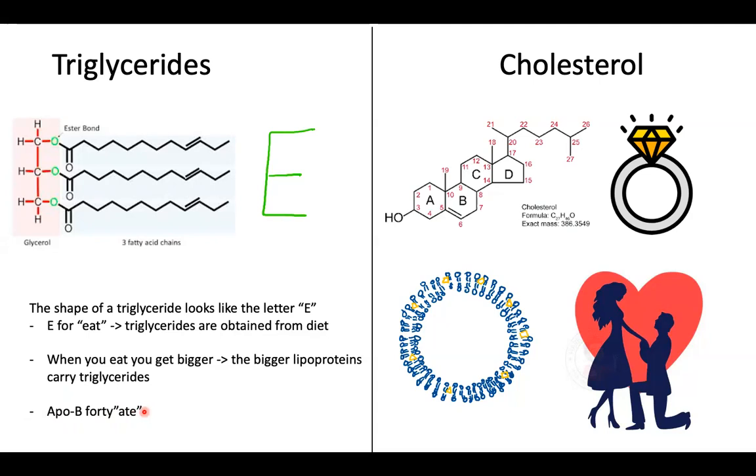So if you remember ApoB48, it should make you think of chylomicrons, ate, like I ate food, so chylomicrons, transporting the lipids from our small intestine to our liver. And that should help you remember that ApoB48 only on chylomicrons, okay? I'm gonna test you on that later on. I'm really gonna nail that idea into you guys. So hopefully you guys are paying attention. And again, don't worry about this one right now. I'll explain it in the second presentation.